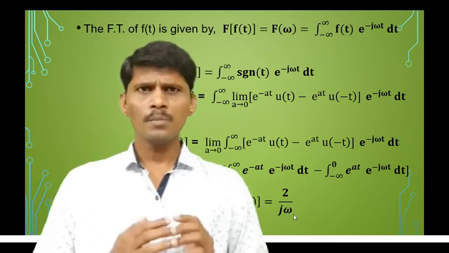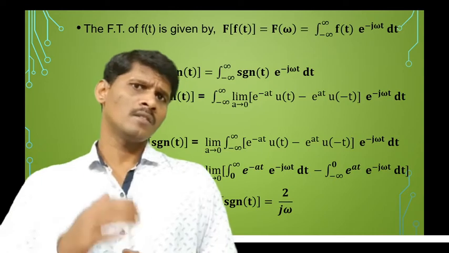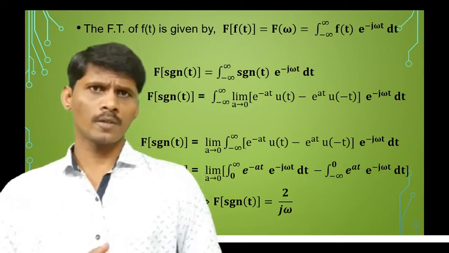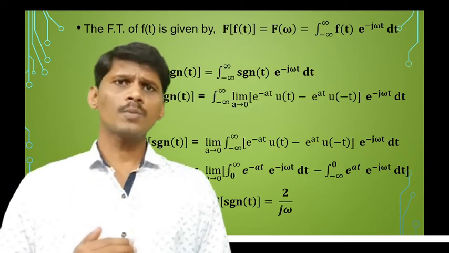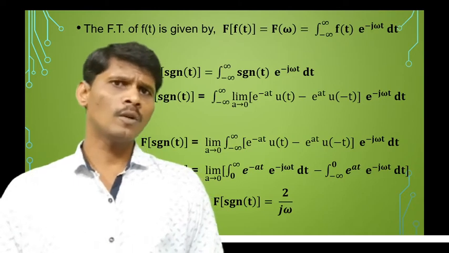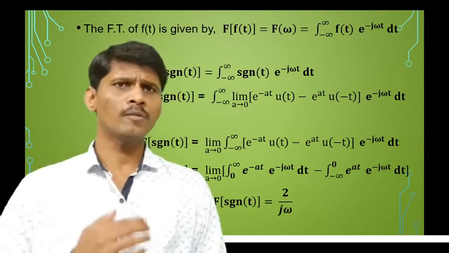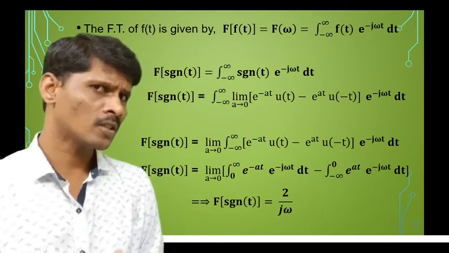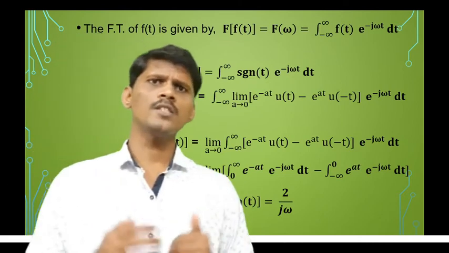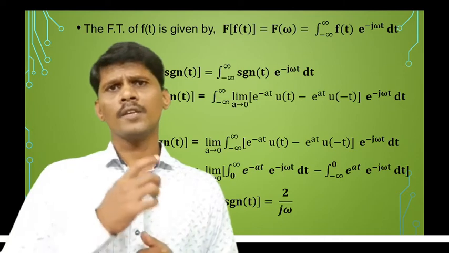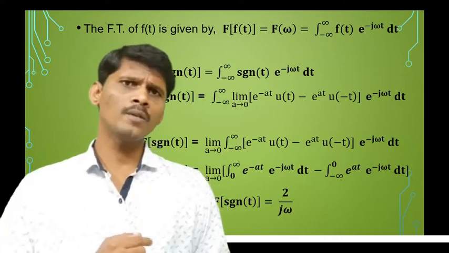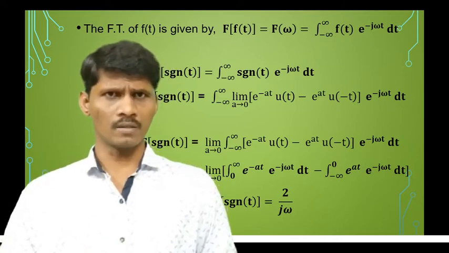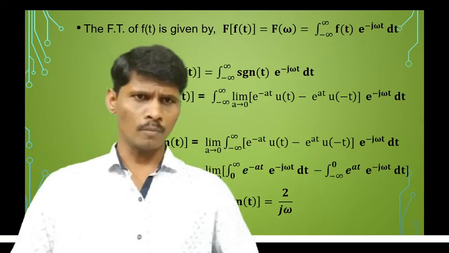And one more simple indication: in the starting classes of the Fourier transform, the Fourier transform of e power minus at u of t is already calculated, and the Fourier transform of e power at u of minus t is already calculated. So what is the Fourier transform of e power minus at u of t? 1 by a plus j omega.